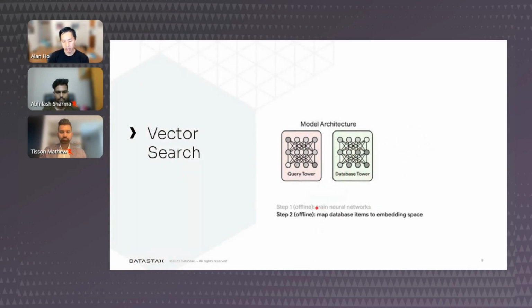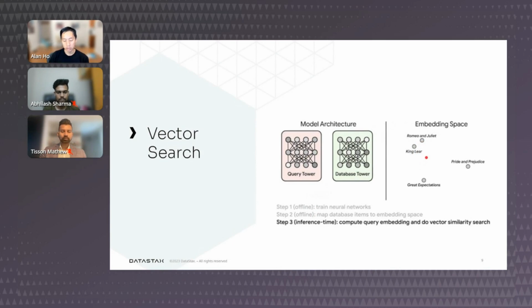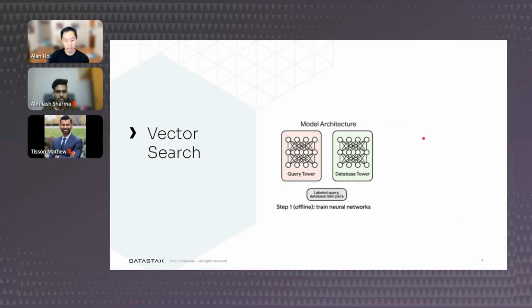Then at the time of querying, the question is also mapped to the embedding space, and the nearest neighbors to your original query are found. It uses that as the mechanism by which it populates a prompt. So that's in a nutshell what retrieval augmented generation is.